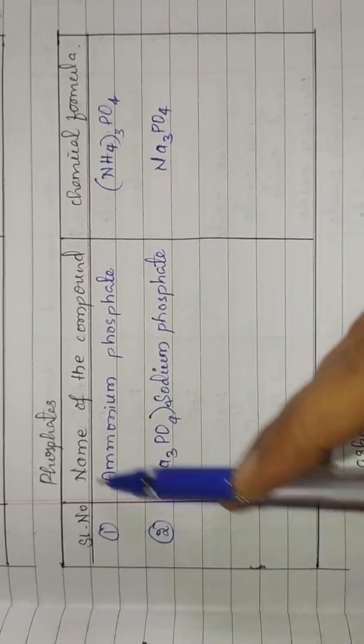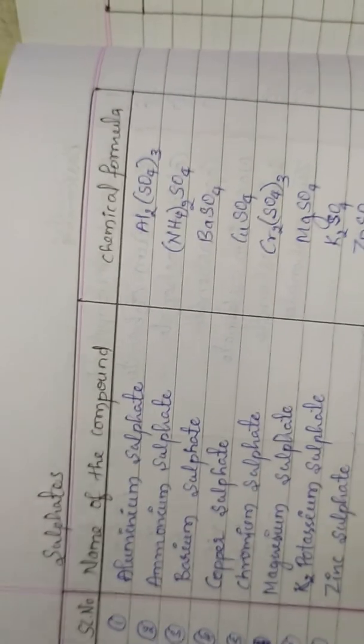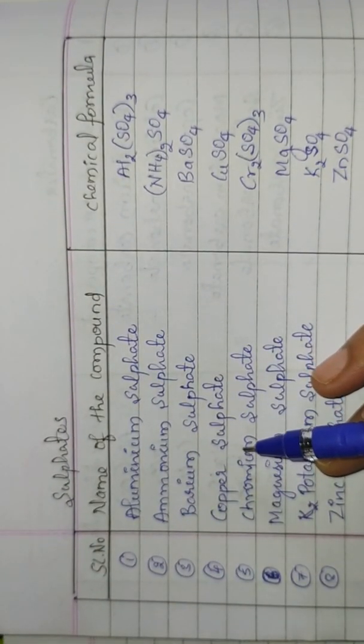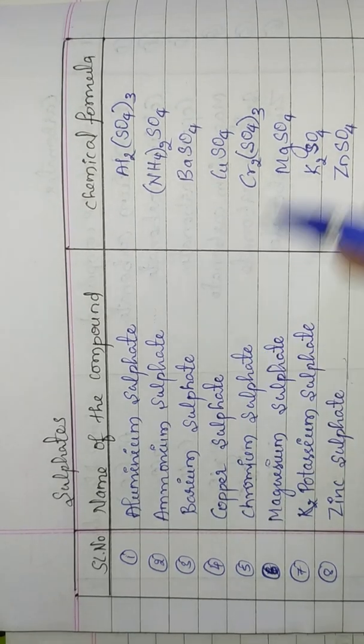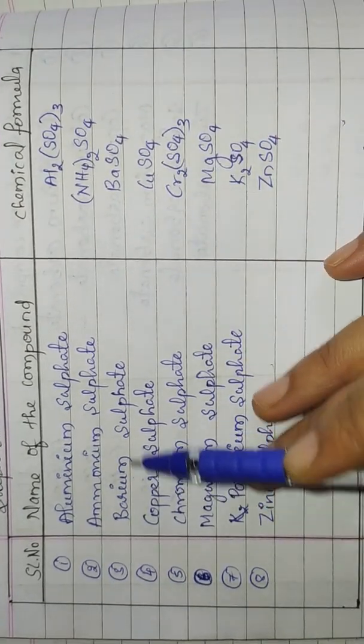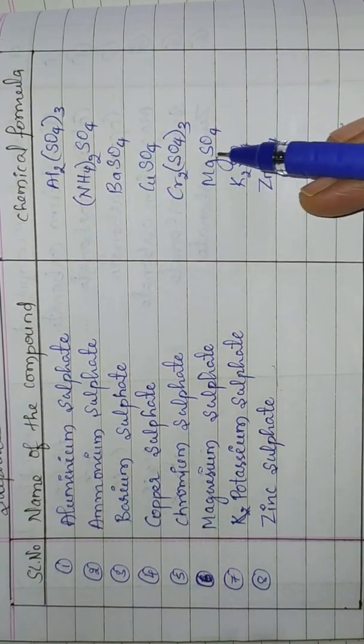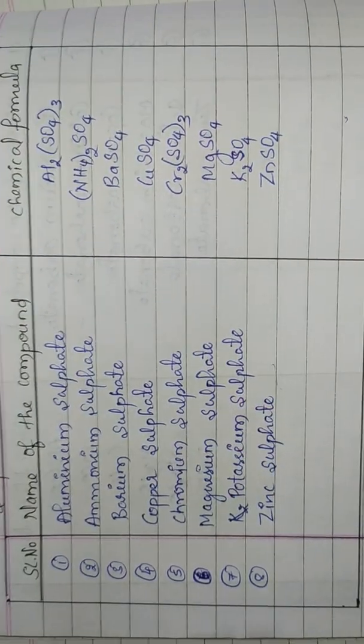See here, phosphates and carbonates. Here sulfates: aluminium sulfate, ammonium sulfate, barium sulfate. Also here I have written the chemical formulas of these compounds.